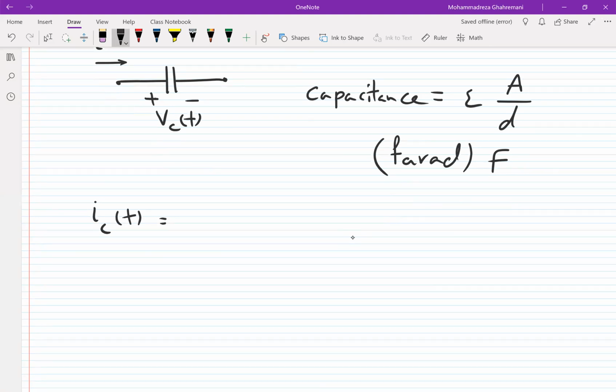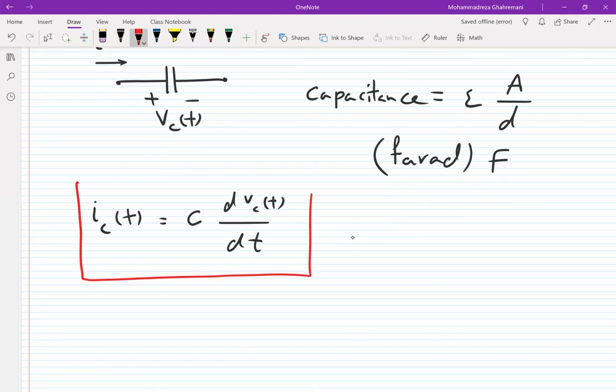So we can say i_C(t) is equal to C dv_C(t) over dt. Of course, the C here is the capacitance of the capacitor, v is the voltage across the two plates, and i is the current.